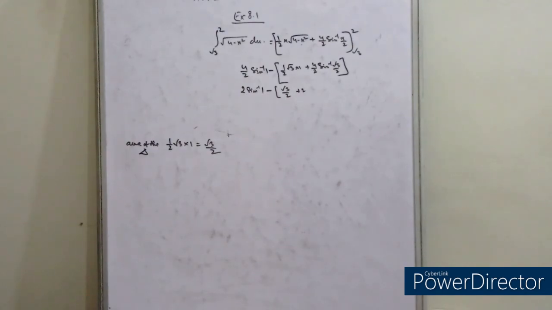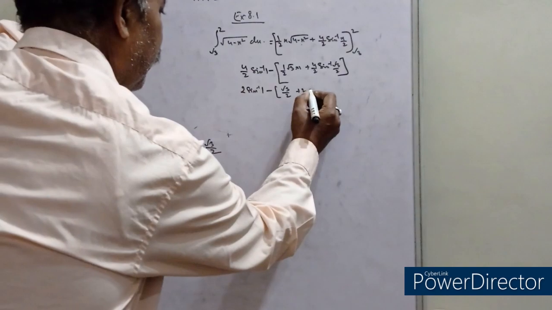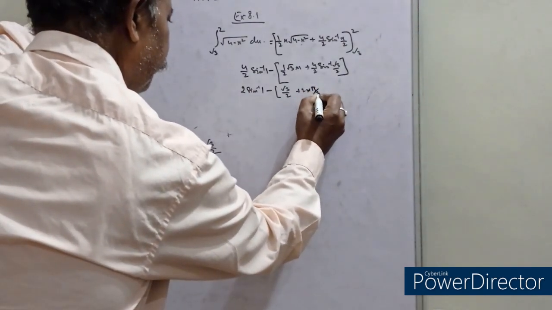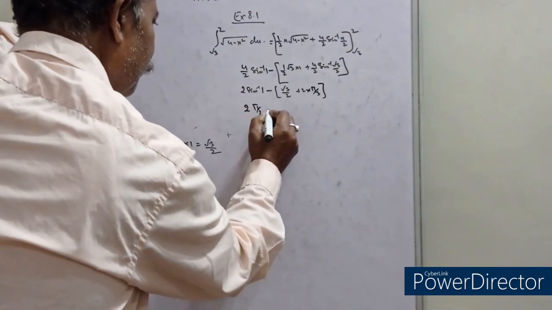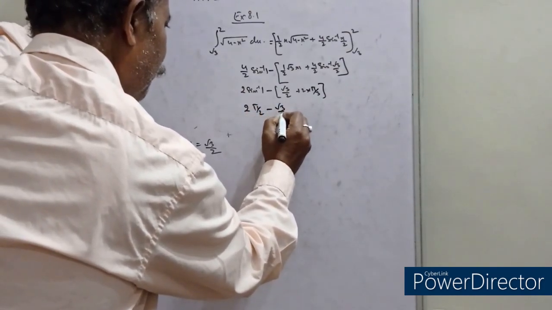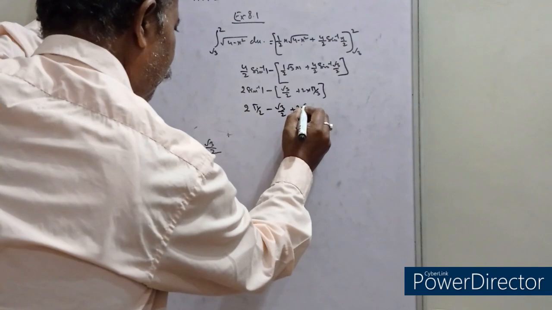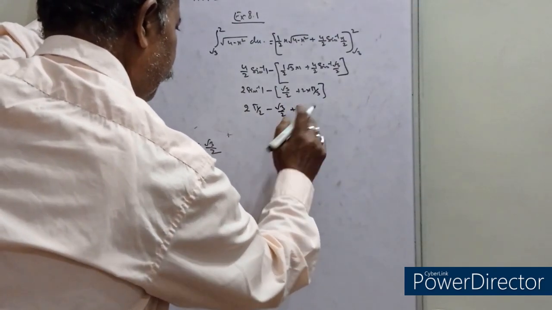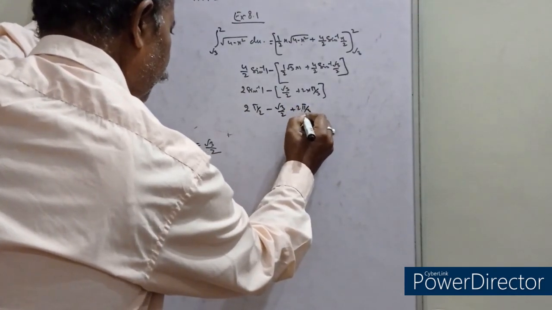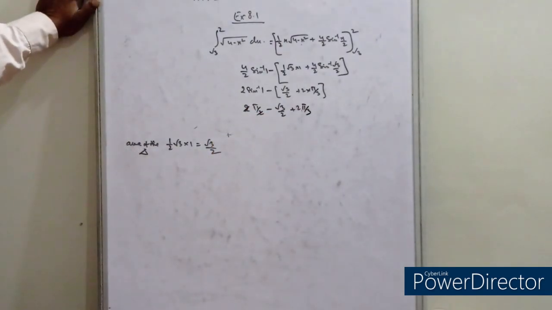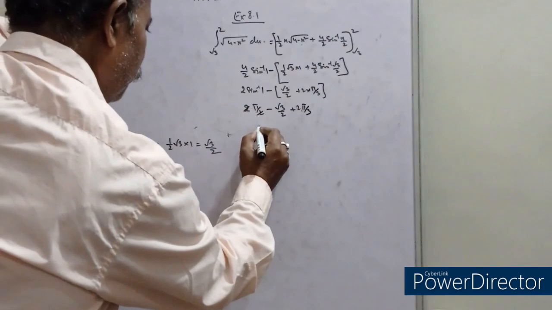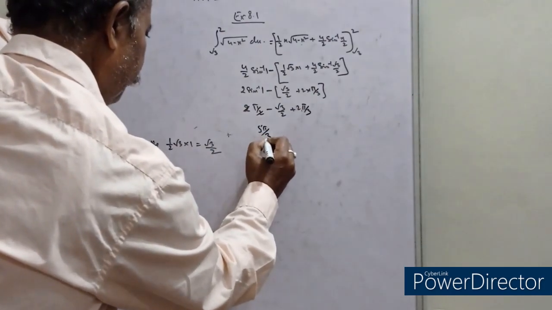The value is sine 60 degree, that means pi by 3. So this is 2 pi by 2 minus root 3 by 2 plus 2 pi by 3.